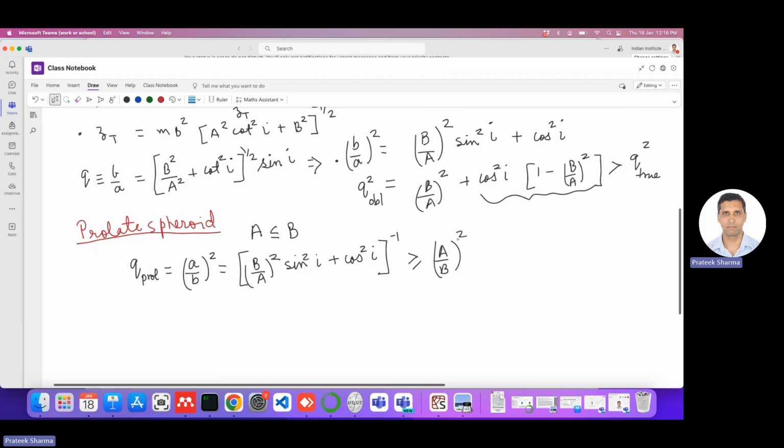So A by B is greater than or equal to the true A by B. So in both cases, in this projection, you underestimate; your Q is larger than its true value. The apparent Q that you measure is larger than the true value of the axis ratio for this particular case.